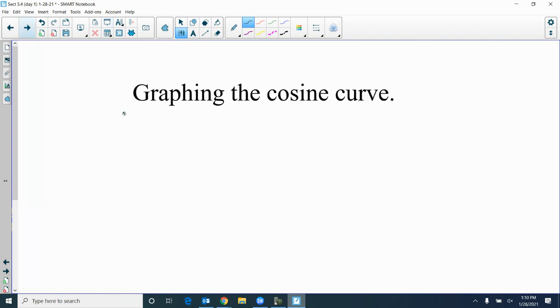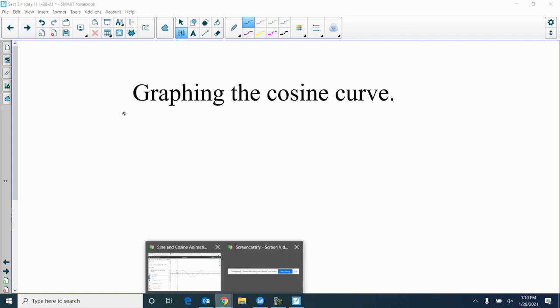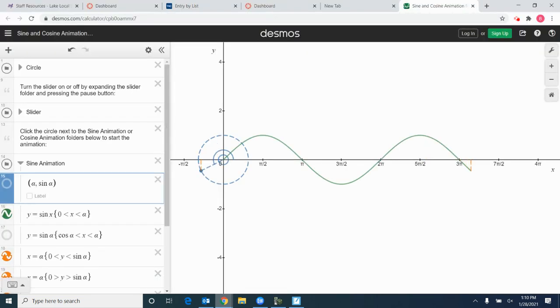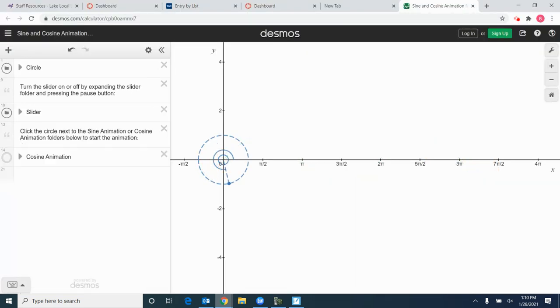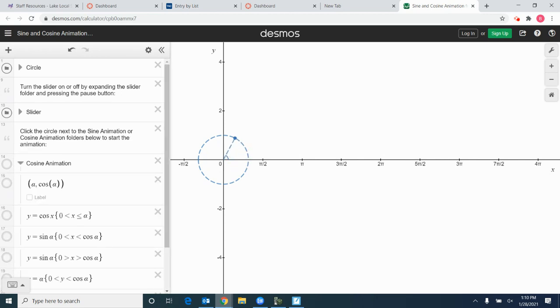For cosine, I think I can just use the same one. I am going to cut that out. Cosine, okay, at 0 degrees, what is your x value? It is 1. So it's going to start up here at 1. Think what happens to the x value as we go from 0 to 90.